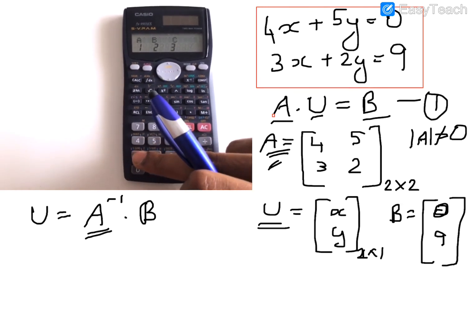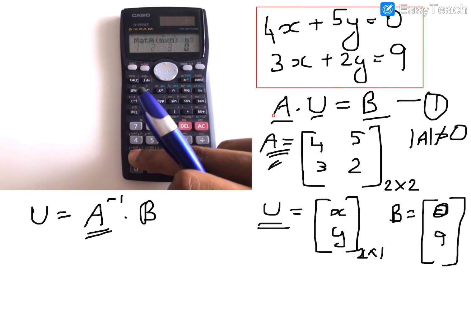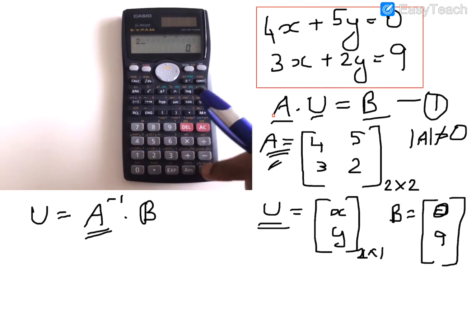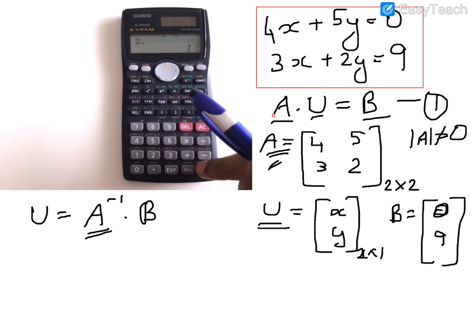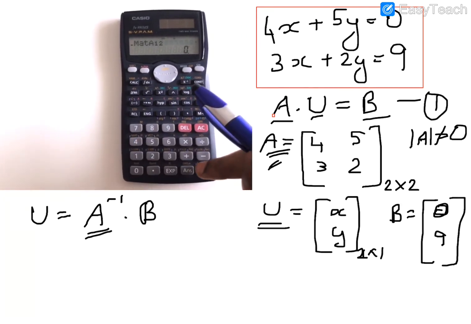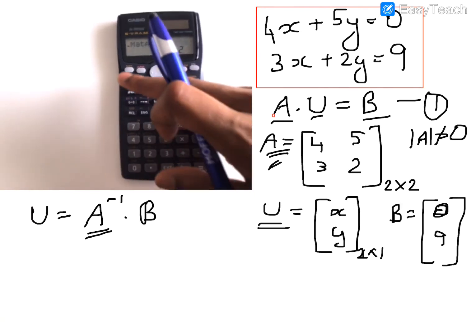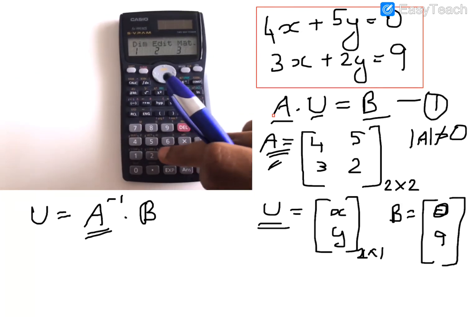I'm going to set the dimensions first. So it's going to be a 2 by 2 matrix. So the values are going to be 4, 5, 3, and 2.